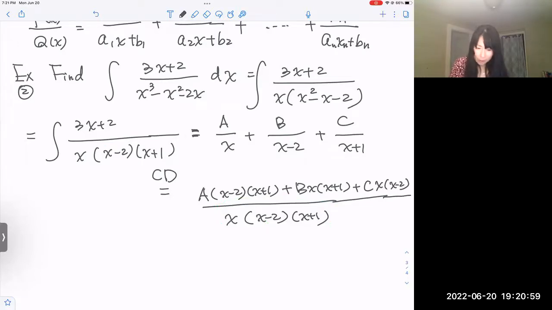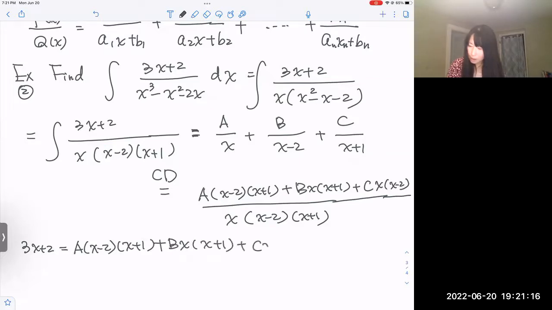So we have 3x + 2 equals, I will just copy down the numerator, A(x - 2)(x + 1) + Bx(x + 1) + Cx(x - 2), okay?